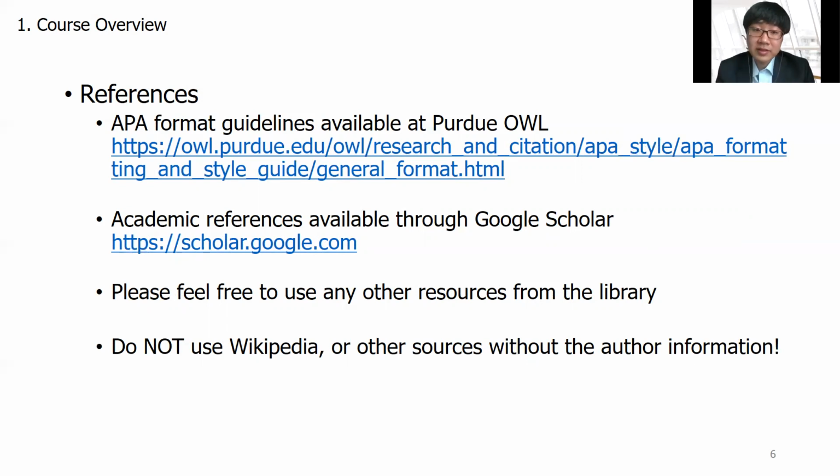And the academic references are available through Google Scholar, scholar.google.com. If you search for certain keywords of international economics, you will find a bunch of information there. Probably you might not have access because some of them are not free. But if you use the library link of Chuo University, I think they have off-campus access. I'm not sure.